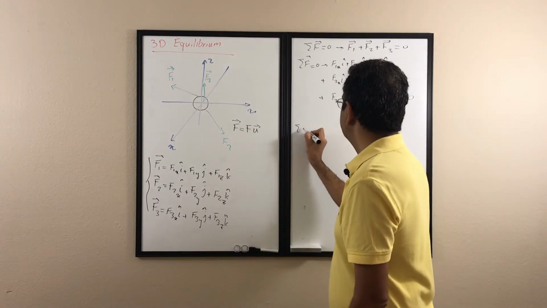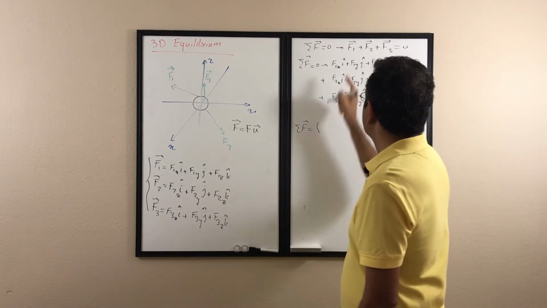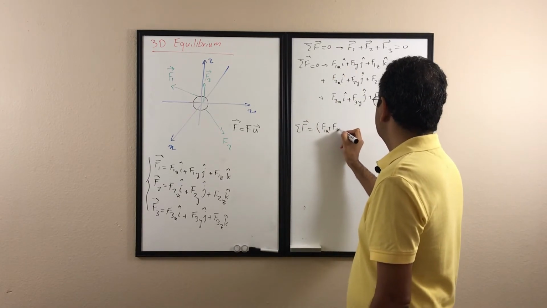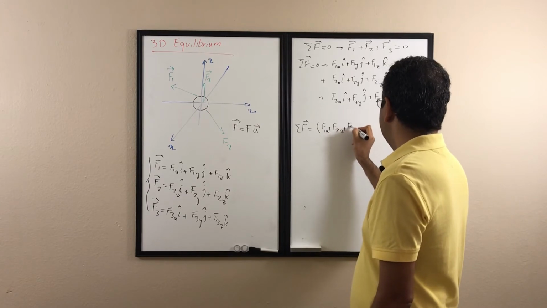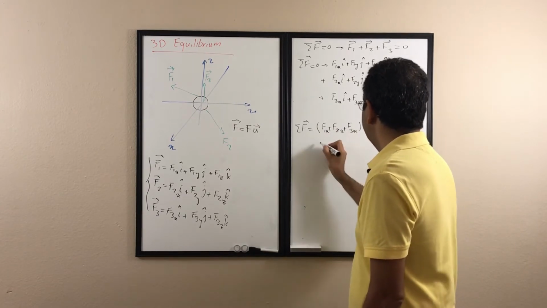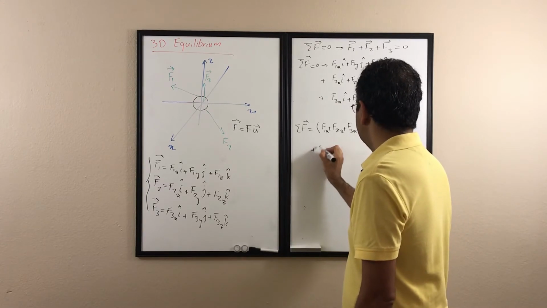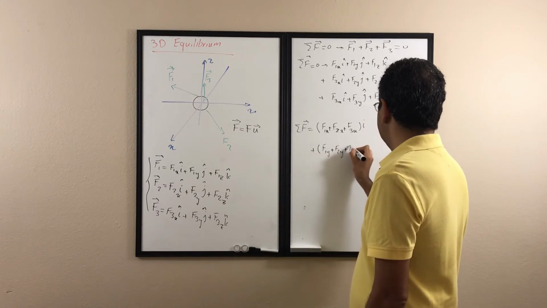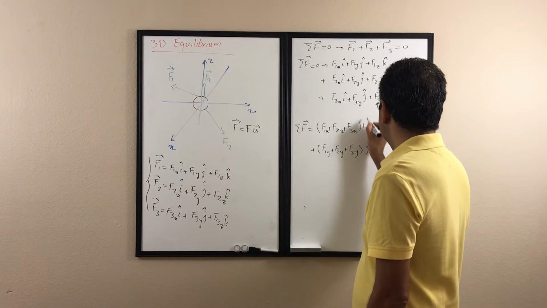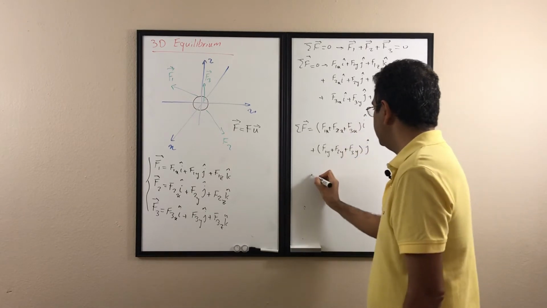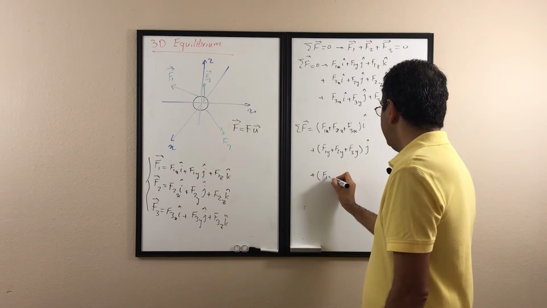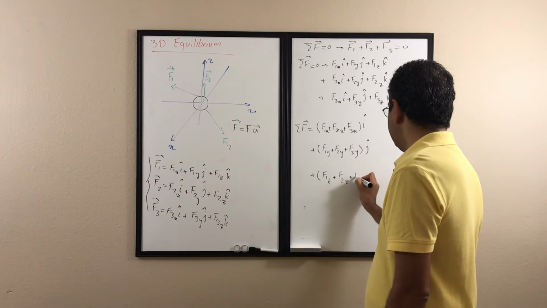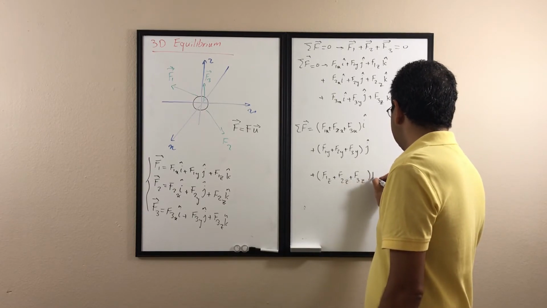So sigma F is going to be all the i components: F1x plus F2x plus F3x i, plus F1y plus F2y plus F3y j, plus F1z plus F2z plus F3z k.